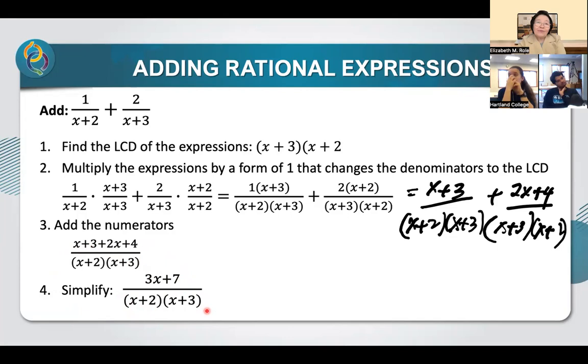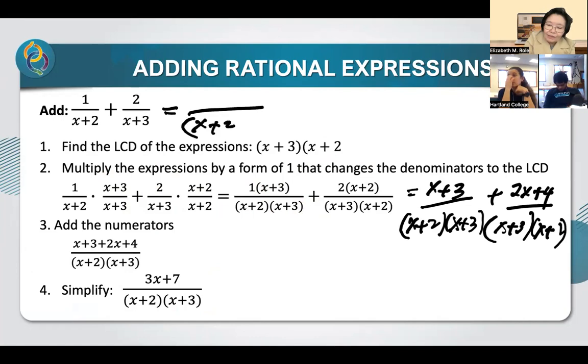Now, if you already understand the concept of adding fractions or rational expressions, many times we may skip this part. Maybe you have done that previously. What you just did, you can just do this. You know that the common denominator is x plus 2 and x plus 3.